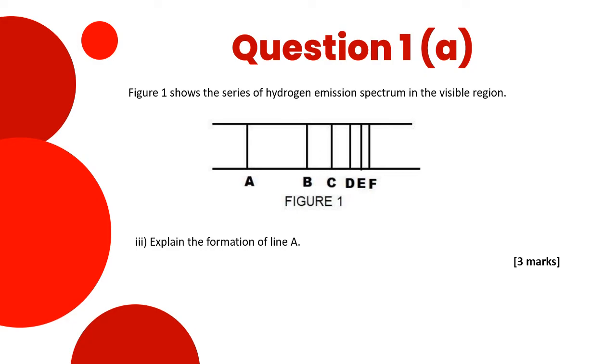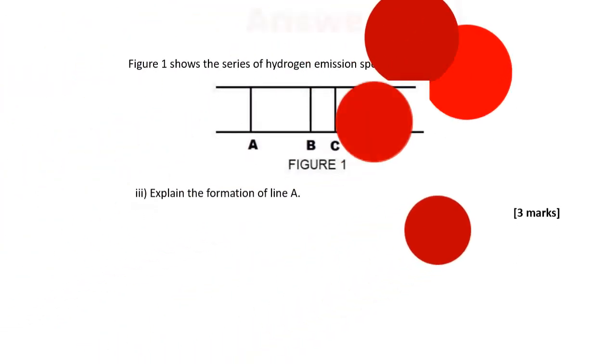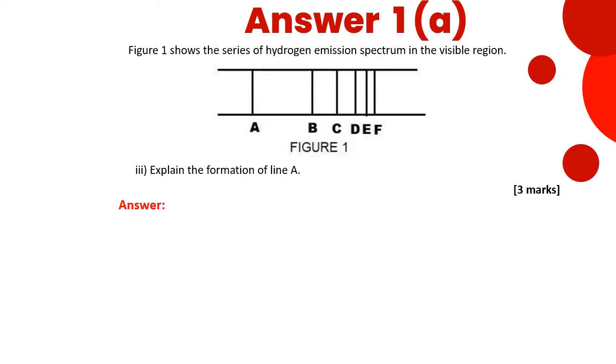Now let's look at question 1a, part 3. Explain the formation of line A. So this is line A, which is the first line of Balmer series. They ask us to explain. Now how are we going to answer this question?